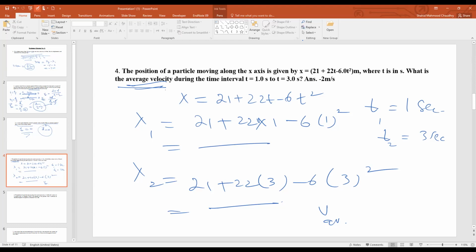So average velocity is x2 minus x1 over t2 minus t1. Last time I explained that if you want to find the average velocity, you need 2 times. For instantaneous velocity, only 1 time, because you are finding the velocity for that particular time, that is the tangent line.